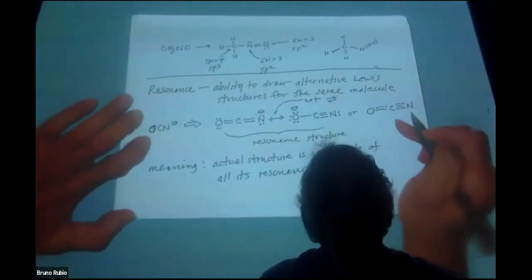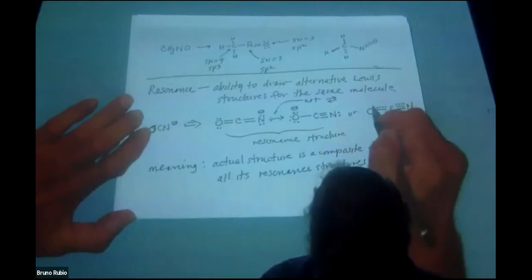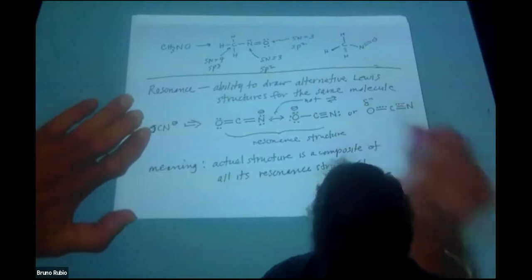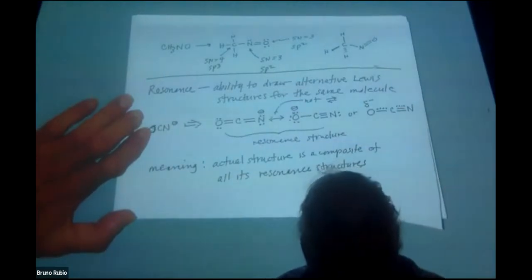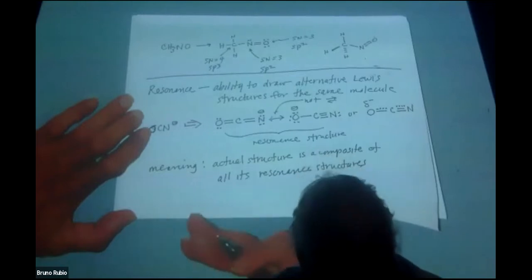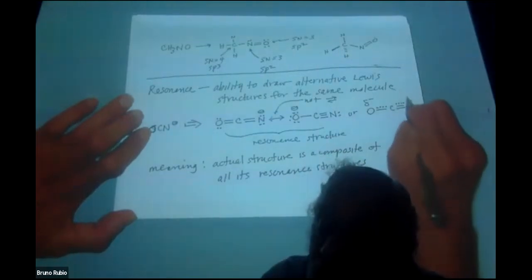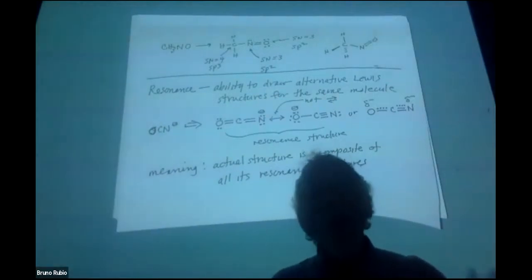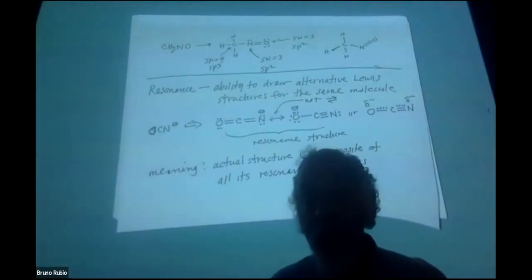The way we illustrate that would be the lowercase Greek letter delta minus. That means partial negative charge on that oxygen, right? The oxygen in one resonance structure has a negative charge, but it isn't in the other. So in actuality, it's just partly there. And also a delta minus on the nitrogen, illustrating a partial negative charge.